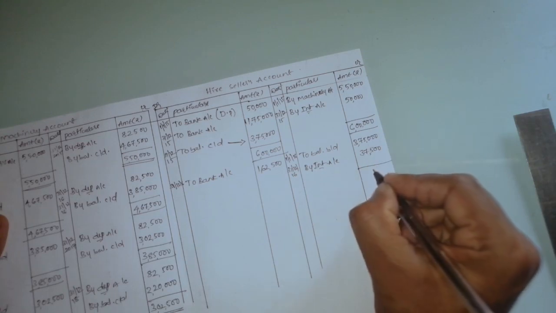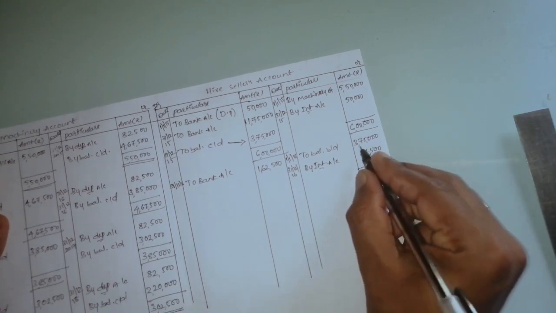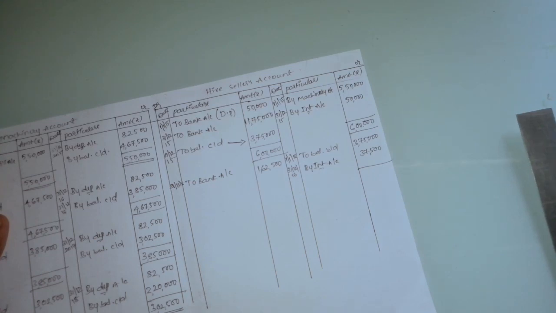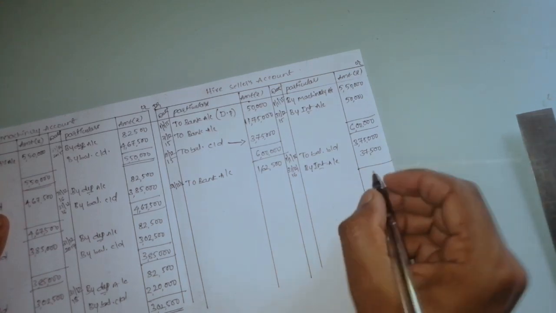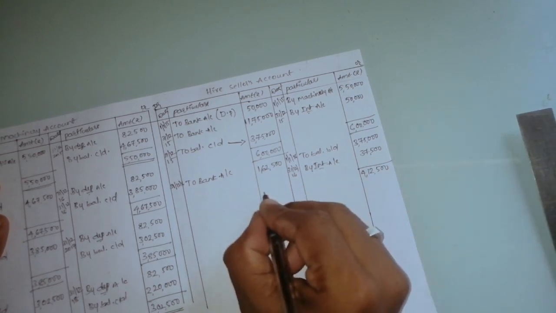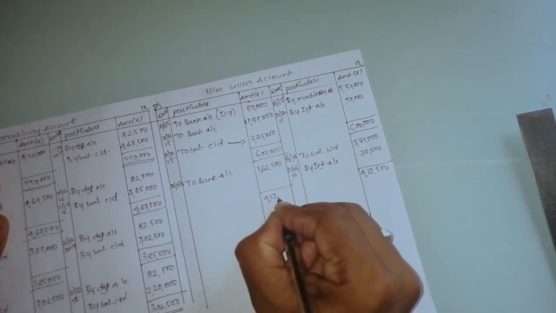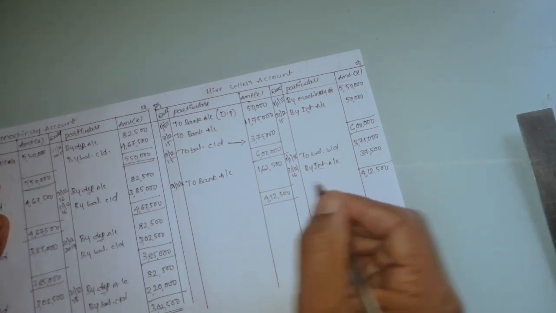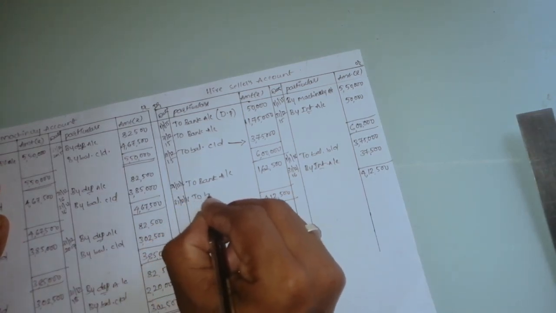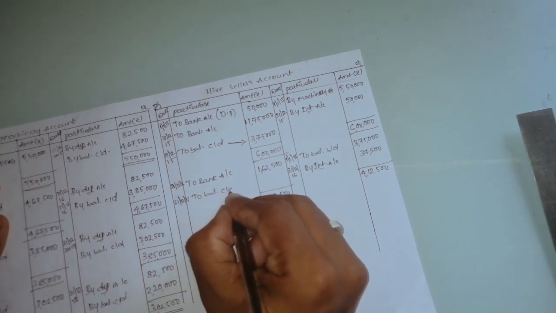Again the credit side total is more: 3,75,000 plus 37,500, 4,12,500 on 31st 12 2016. To balance carry down.